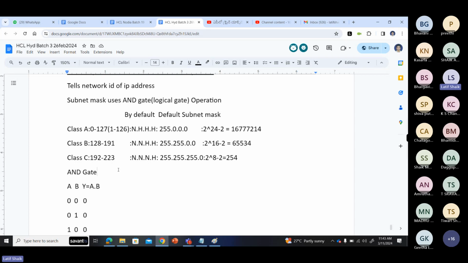Public IP addresses means you are communicating outside. There are a lot of servers, so they need IP addresses. There are a lot of different organizations that also require IP addresses. In public, we have a lot of IP addresses, so we need addresses which can facilitate this number of devices to communicate.